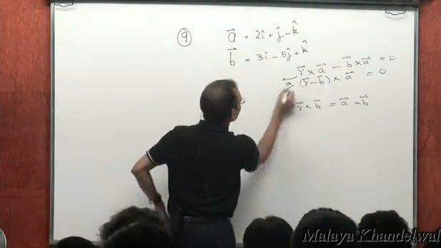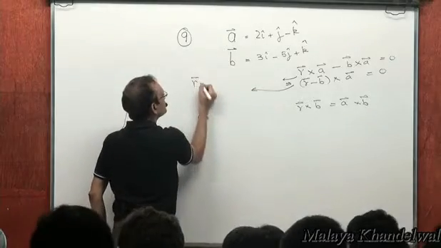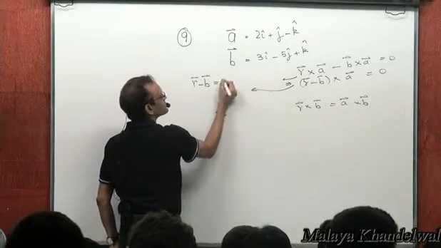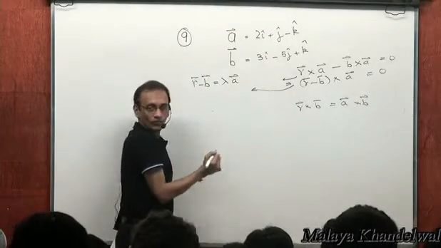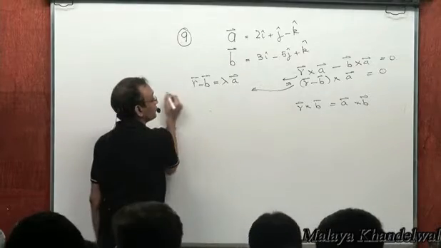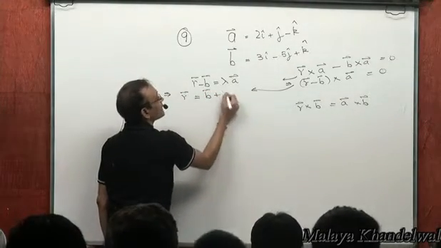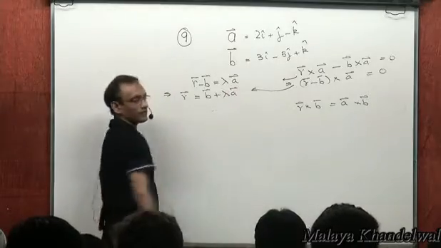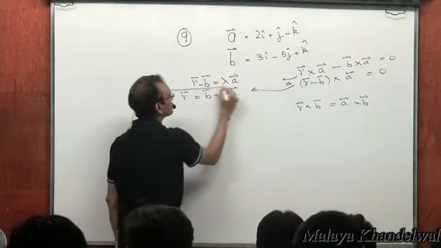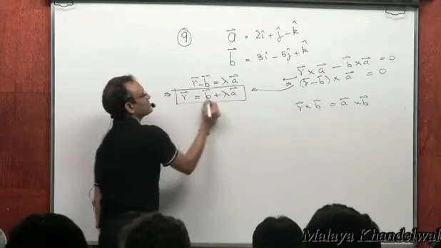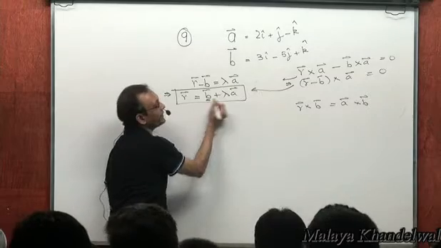So this line is R minus B equal to lambda times A. Therefore, this line is R equal to B plus lambda A.